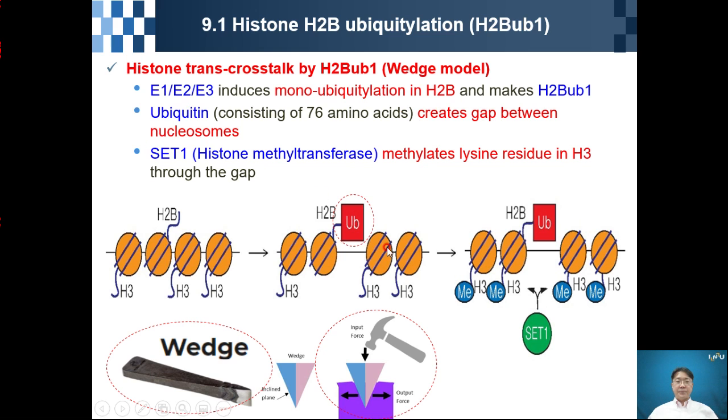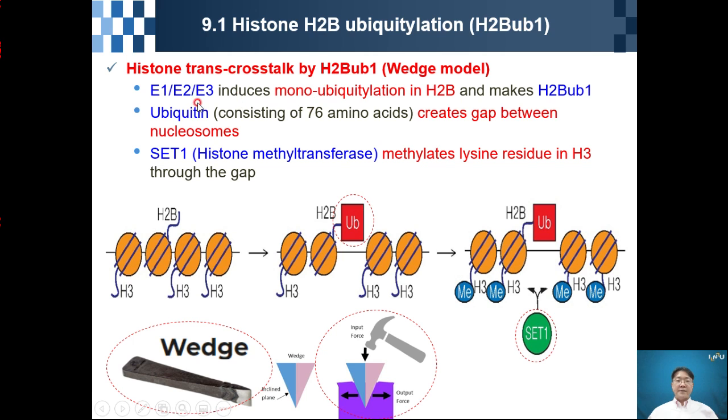After that, step one is a histone methyltransferase, which methylates the lysine residue in H3 through the gap. So this is the histone trans-crosstalk by H2B UB1.